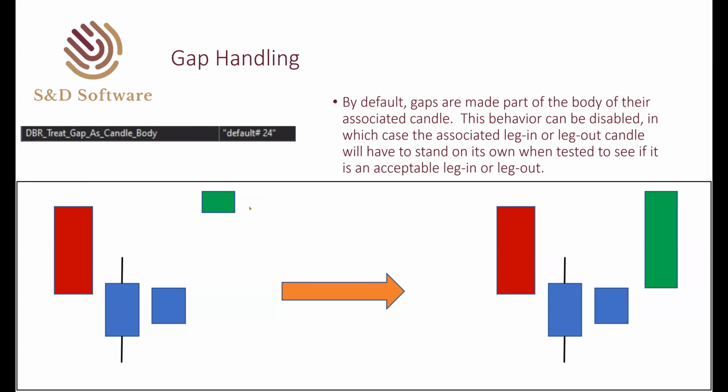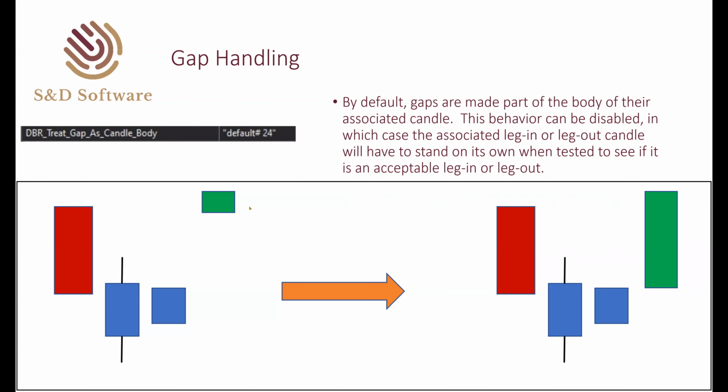And for a lot of the things we're going to be looking at when we're looking at the properties of the leg out candle, this little green candle, or again, if we made it a doji, just for the sake of argument, that's going to fail a lot of the other tests that we're going to look at and talk about. Yet clearly we had a major move there.